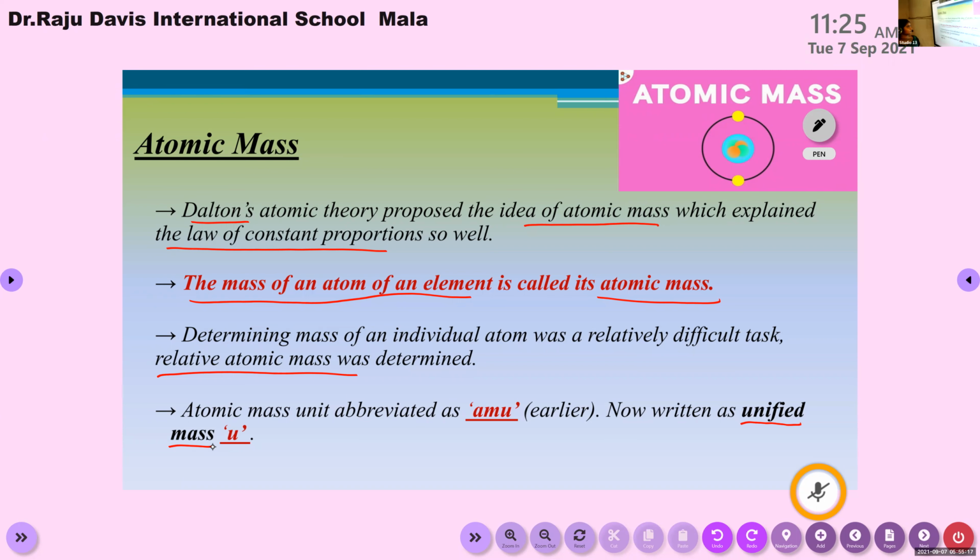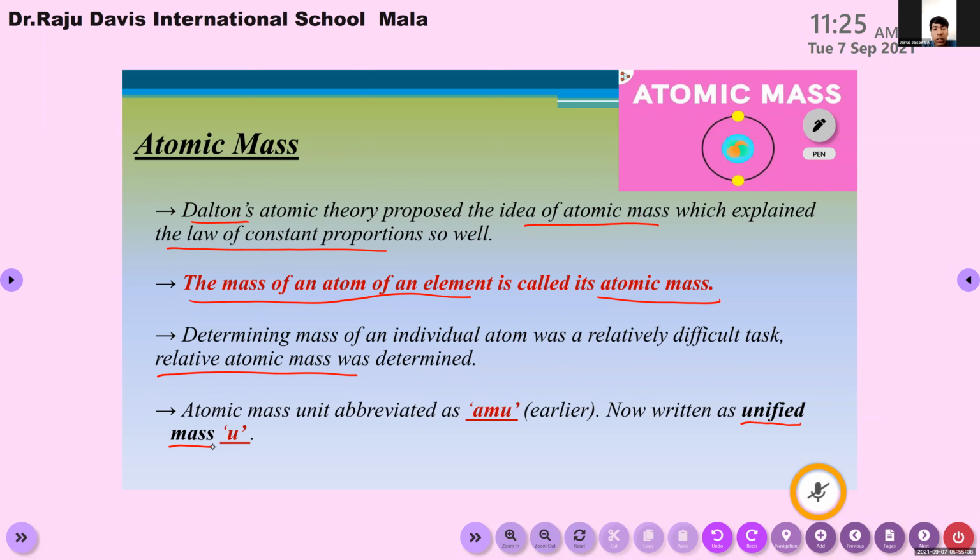Atomic mass. Dalton's atomic theory proposed the idea of atomic mass, which explained the law of constant proportions so well. The mass of an atom of an element is called its atomic mass.